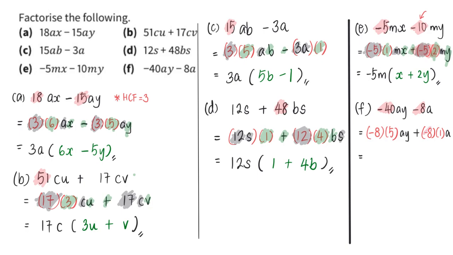Again, negative 8 times 1 is negative 8, plus a negative value is still negative 8. The reason why Mr. Tan did that is because then I can take out negative 8 as the common factor. And I saw there's a letter a as well as the common factor, and I'm left with 5y plus 1.